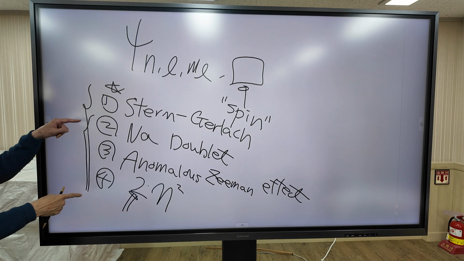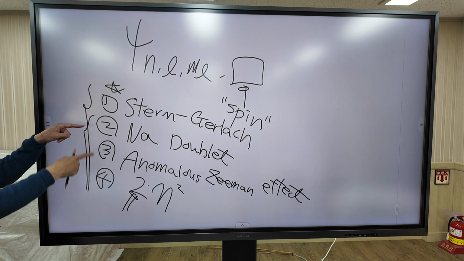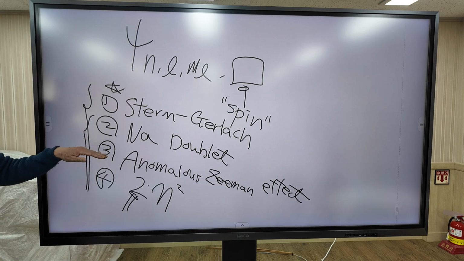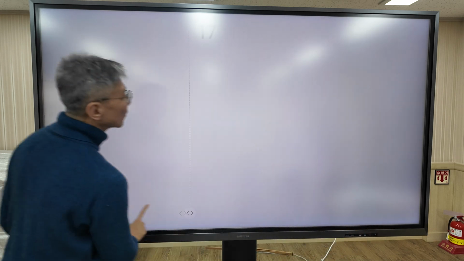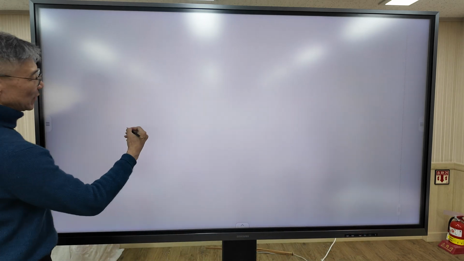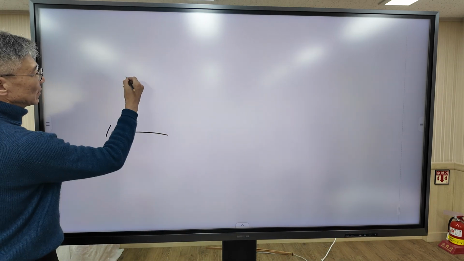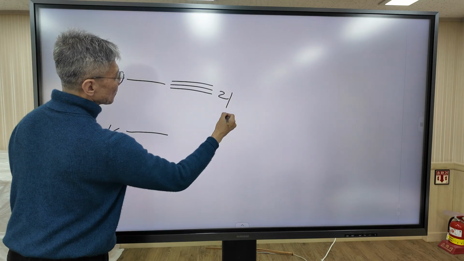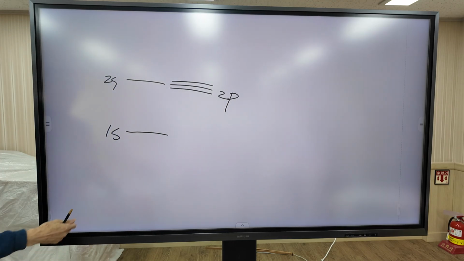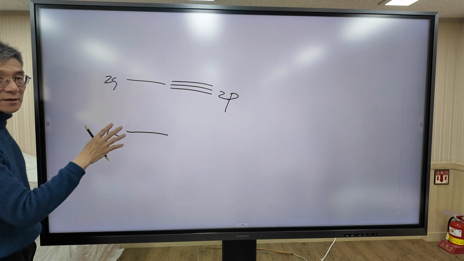First, I'm going to explain what the sodium doublet and anomalous Zeeman effect actually mean. As I said before, this is the 1s orbital, this is the 2s orbital, this is the 2p orbital. As you know, the 2s to 1s transition is not allowed.